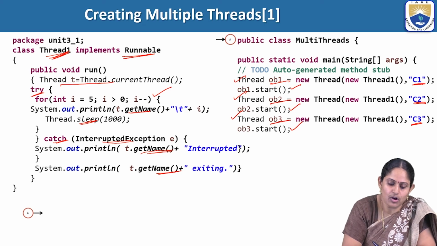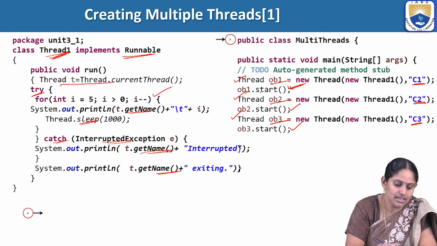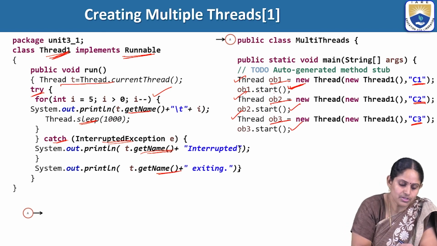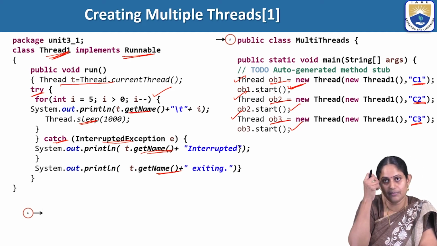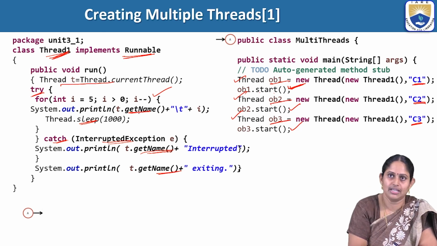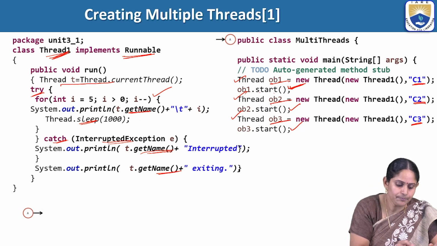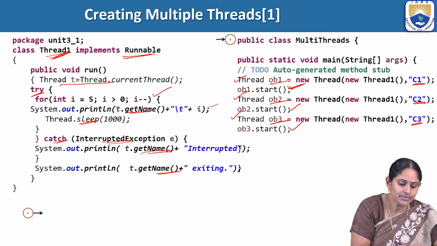Initially we call the start method on object 1. Once you call the start method, the first thread will be created, and we will be displaying its name, right? After displaying the name, it is going to sleep. Once this statement is executed, it is going to sleep.